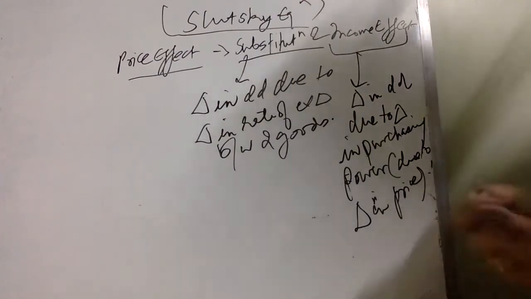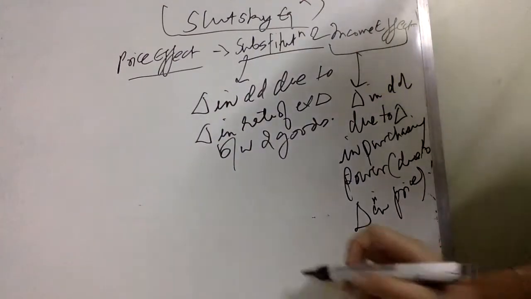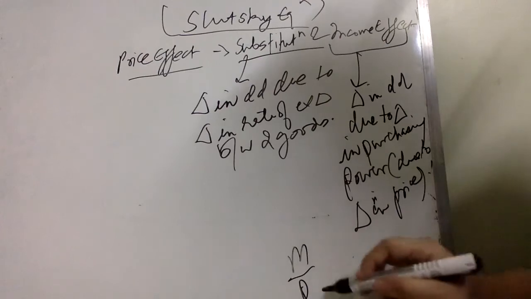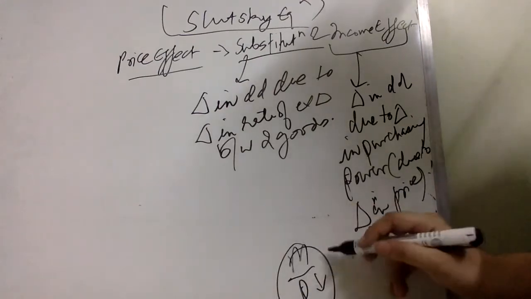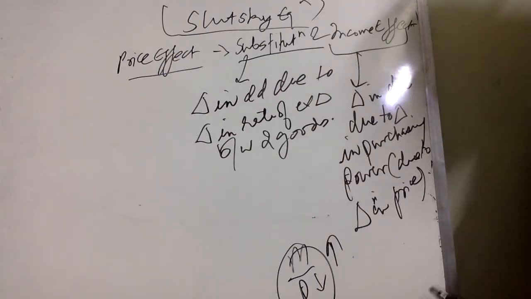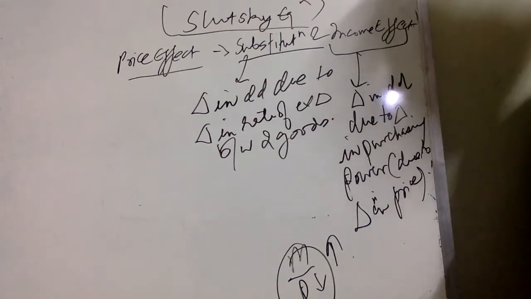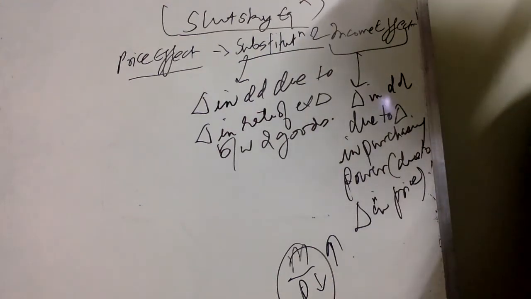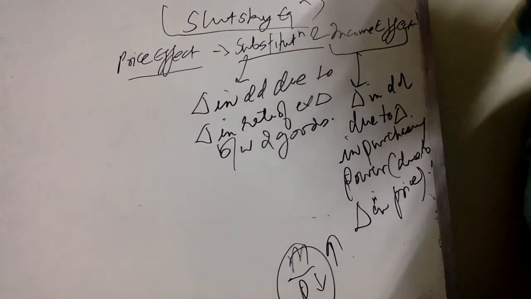Suppose the price falls, ultimately real income given by M by P, if P falls, this will rise, and so we can say that the purchasing power of the consumer will rise, and therefore the decisions in terms of the choices of the bundle that the consumer is willing to choose, due to the income effect, the choice set again further varies, in addition to the substitution effect.